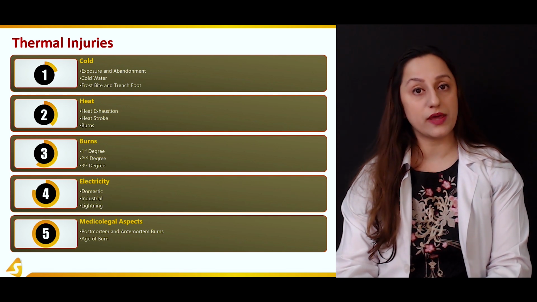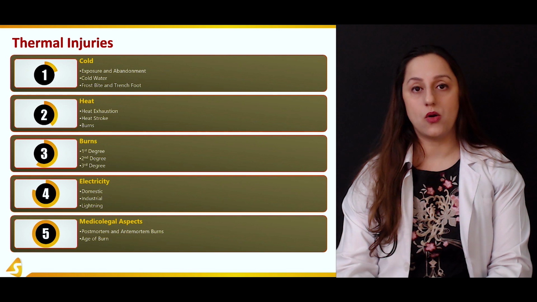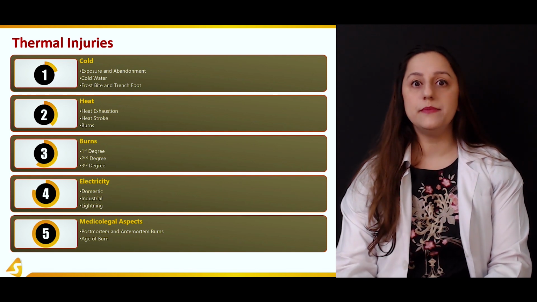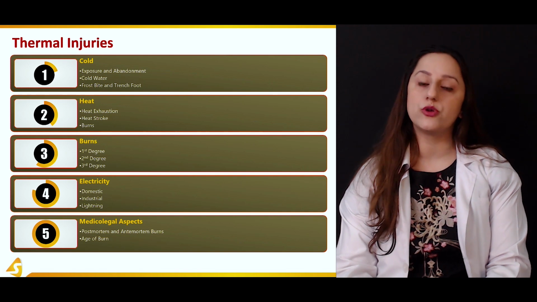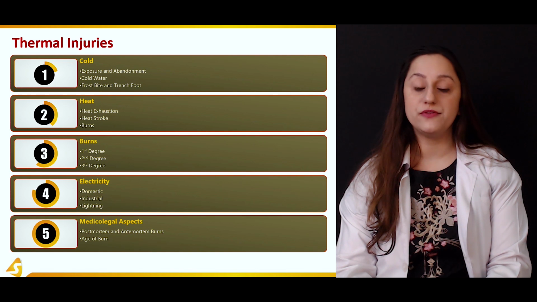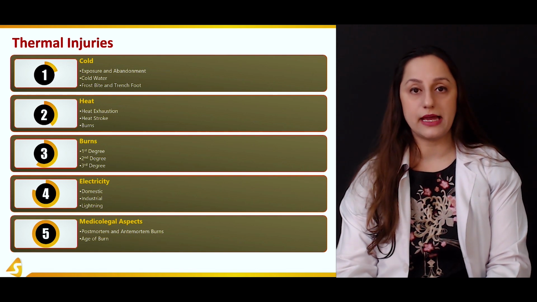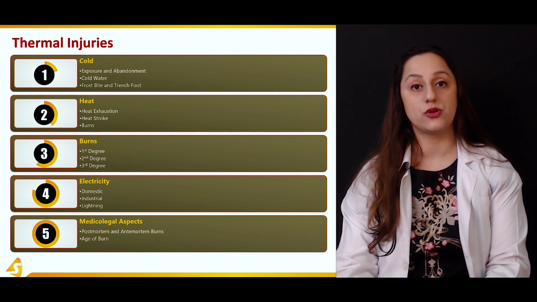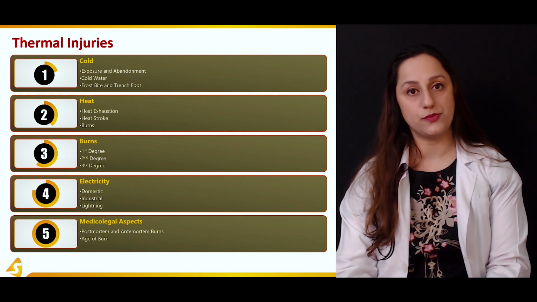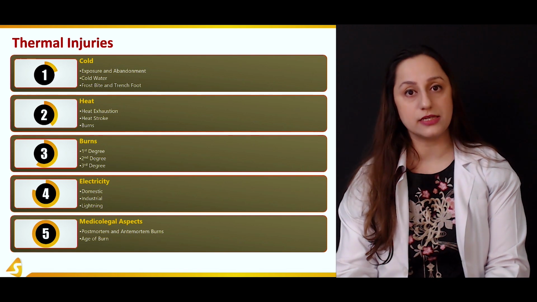We have to find out whether it was a post-mortem burn or an ante-mortem burn, because it can mislead the investigation of any criminal case that we come across. So we have to be very sure, we have to be very definite, and for that we have to get the background knowledge of what we are going to see, what are the signs of the post-mortem burns and what are the signs of the ante-mortem burns.